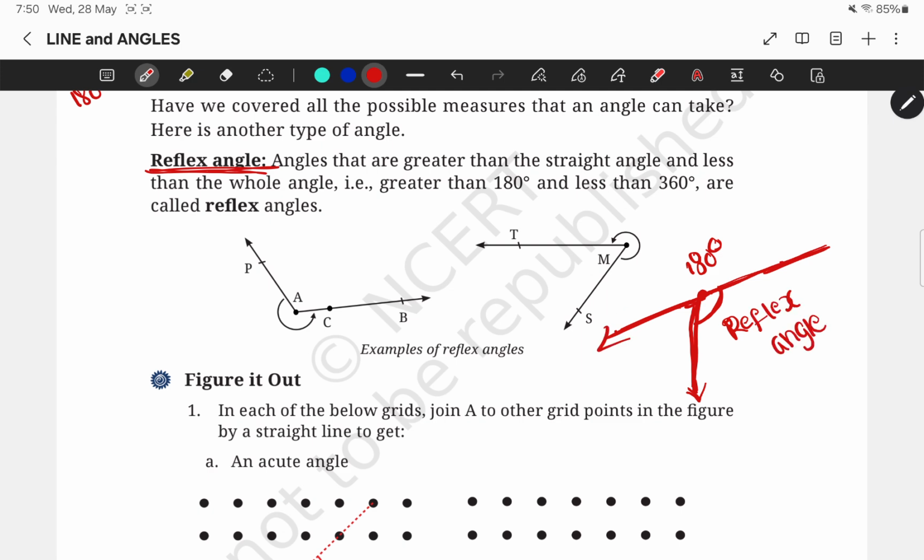So it is greater than 180 degrees. This part is the straight angle. The reflex angle is greater than 180 degrees and less than 360 degrees. See, 360 degrees is a complete angle. The two arms will be combined here itself.